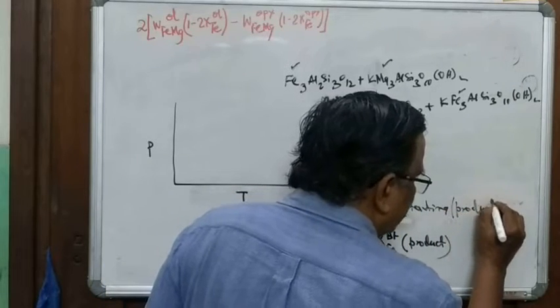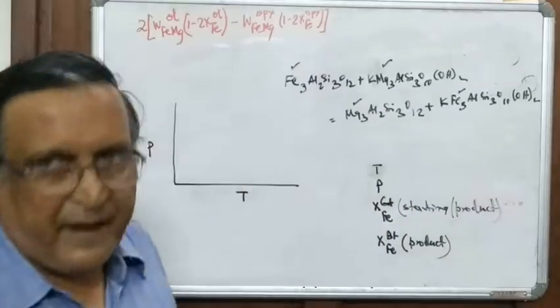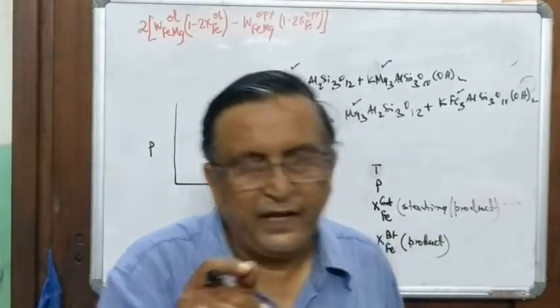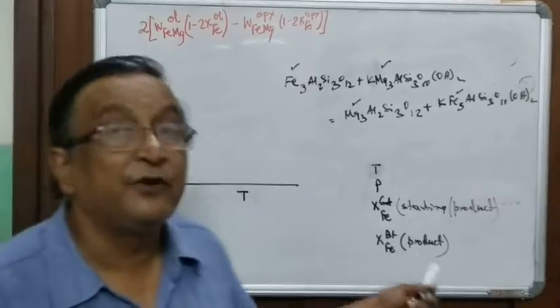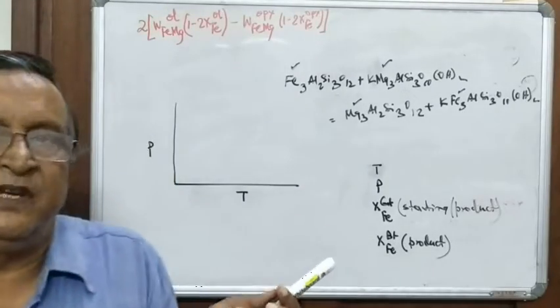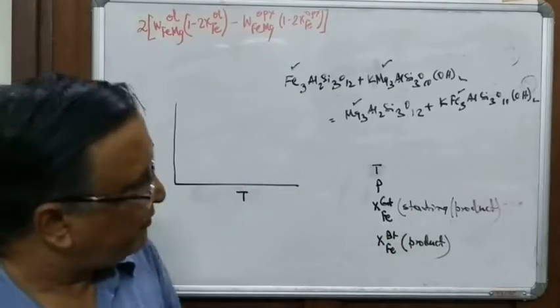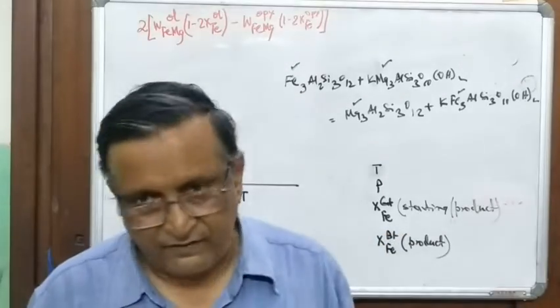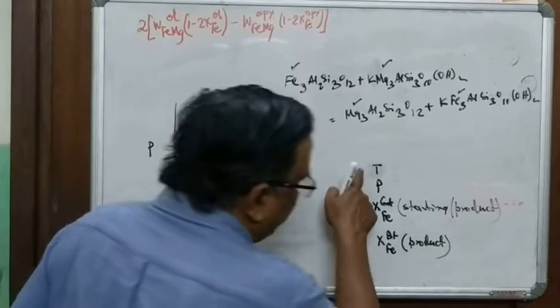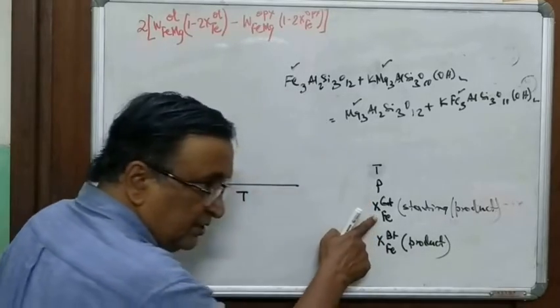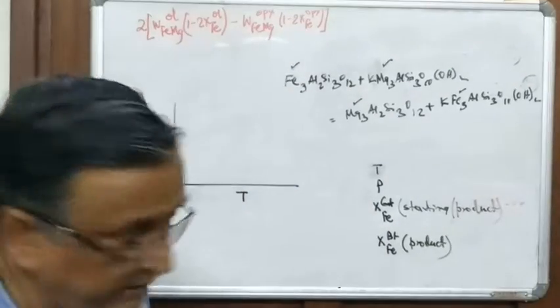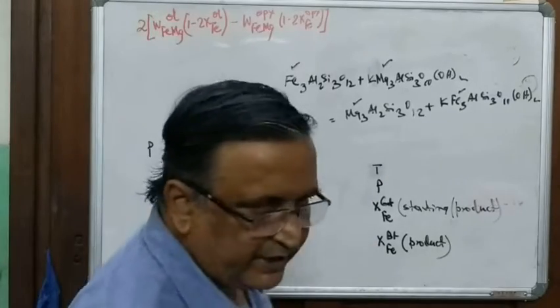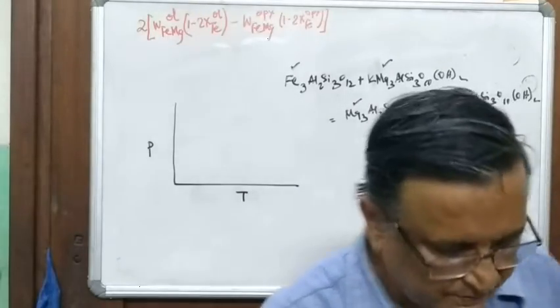It does not matter, because the garnet is very big in comparison to the biotite. So the garnet can be taken to have the same composition, whether it's a starting material or a product. But for the biotite, you take the product value. So you have temperature, pressure, XFe garnet, and you also know XMg garnet. And you have XFe biotite, and you also know XMg biotite.